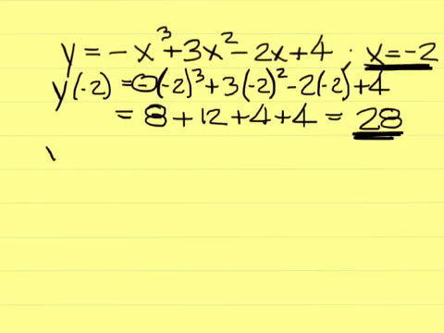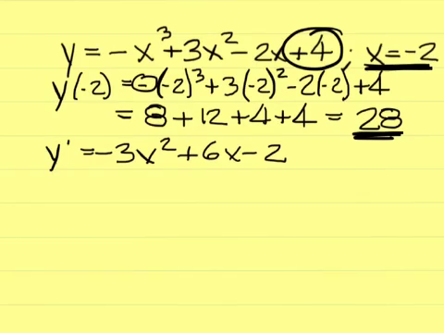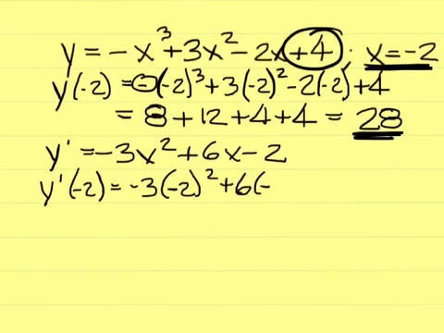And there's the x. y prime is negative 3x squared plus 6x minus 2. This drops off. Evaluate for negative 2. So negative 3 times negative 2 squared plus 6 times negative 2 minus 2 is really 4 times negative 3, which is negative 12.